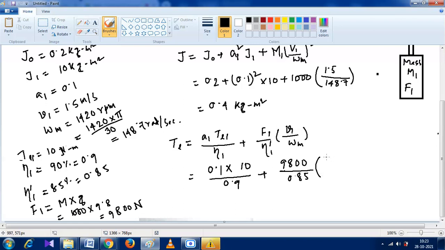And what is the value of V? 1.5 meter per second. And the value of omega n? 148.7. Now calculate this and tell me the value of that system. Simplify this equation.